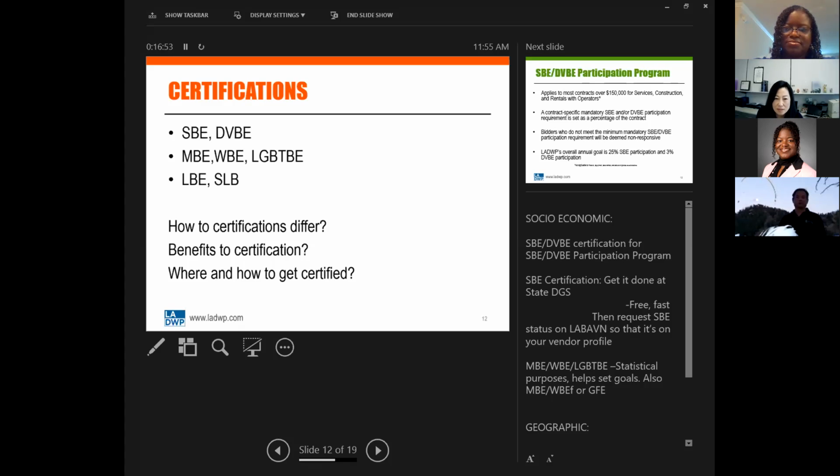So having those certifications also helps other agencies set goals, and they can see, oh, if there's a lot of MBEs registered, we know that we can aspire to see more participation, and really maybe push for more of that when they see that there are an available number of certified firms.